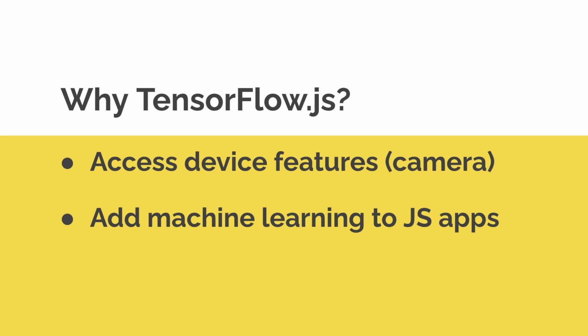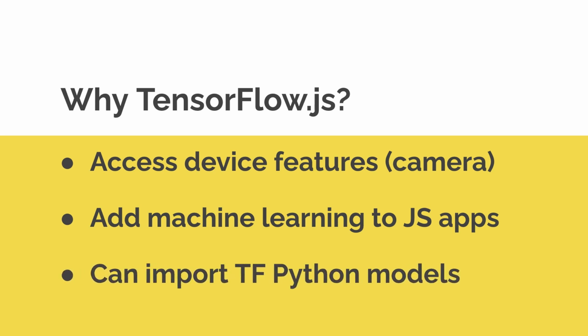You can put machine learning into Vue, into React, or into any website you make, or web app for that matter. And with TensorFlow JS, you can also import TensorFlow Python models. So you're not limited to only JavaScript models. You could make models in Python, or you can find models that have been made in Python, and you can use them with TensorFlow JS.